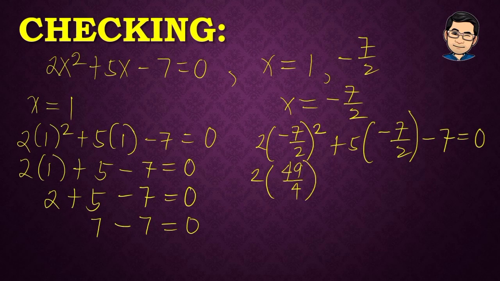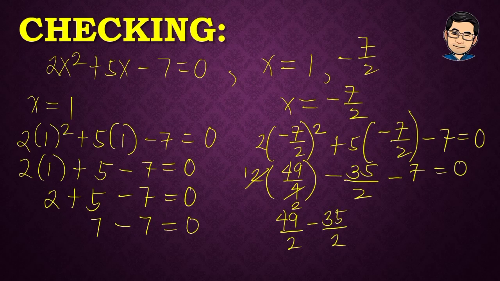5 times negative 7, that is negative 35 over 2 minus 7 equals 0. So, we can cancel 2 and 4 kasi meron silang common factor na 2. So, magiging 49 all over 2 minus 35 over 2 minus 7 equals 0.